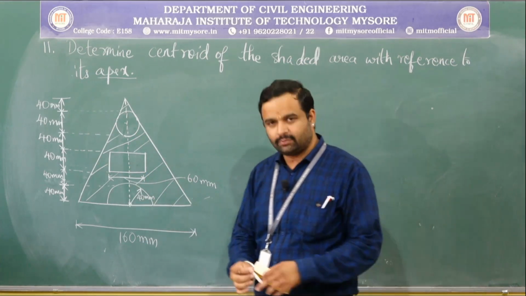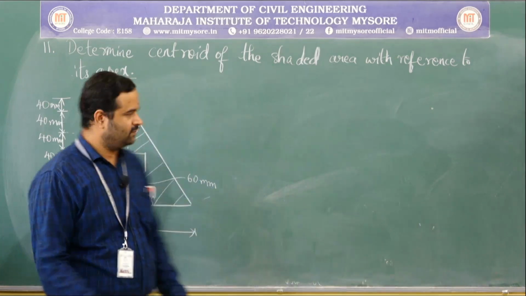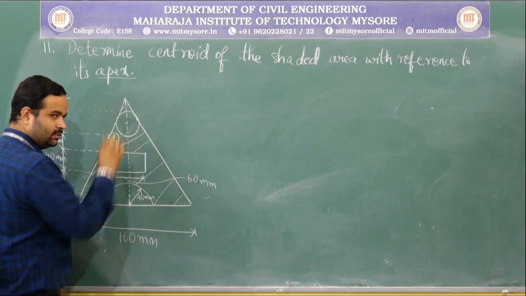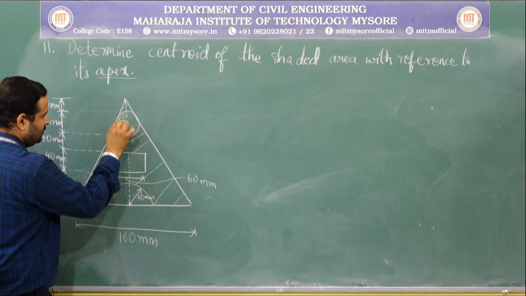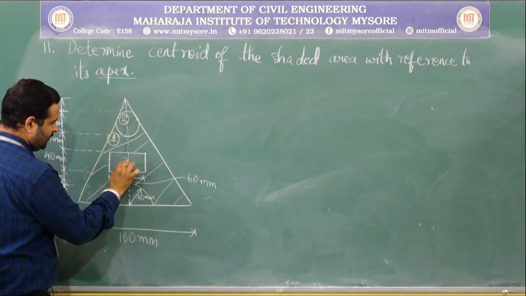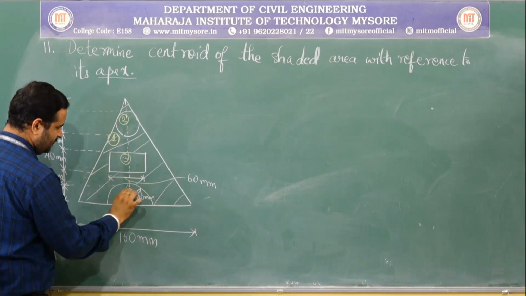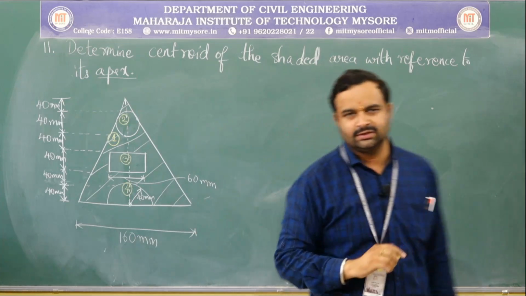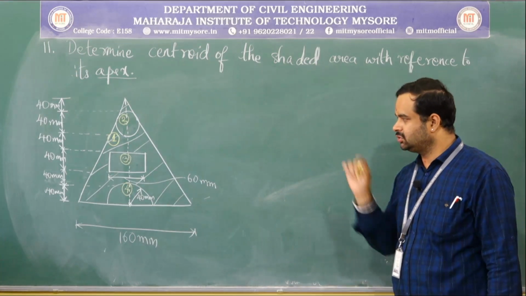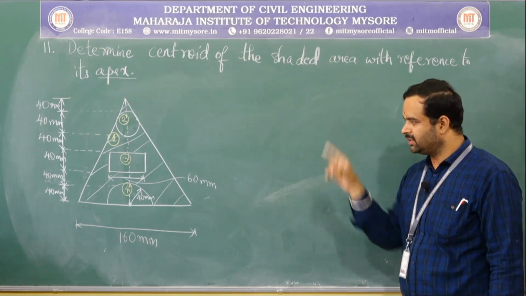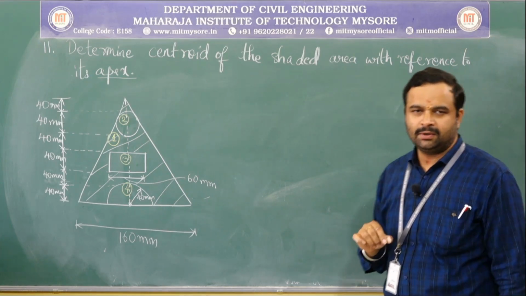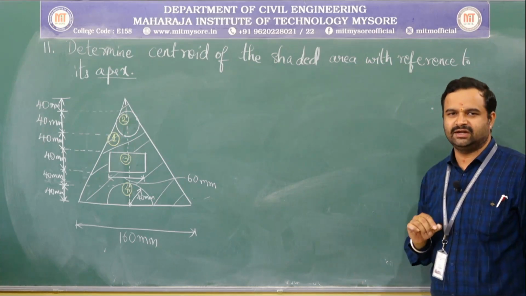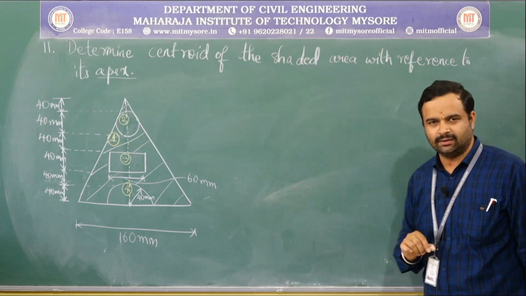So, there are how many components now? The triangle component 1, circle 2, the rectangle 3, and this semicircle 4. So, there are totally 4 components, and we need to remove component 2, 3 and 4 from component 1. Then only we will be able to determine the centroid of the shaded region or the shaded area as shown in figure. Okay.